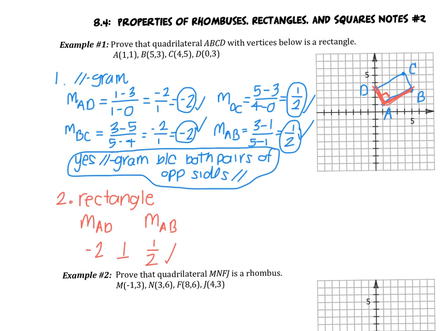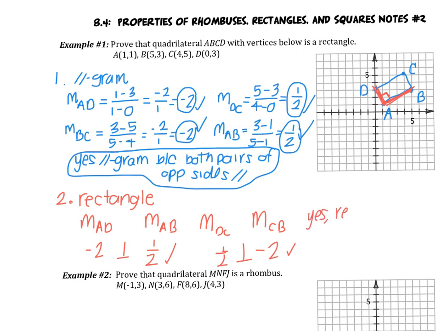It's also good to prove at least one more is 90 degrees. So I'm going to show slope of, let's go DC. Slope of DC is 1/2. And then the slope of CB is negative 2, and again, they are perpendicular. Huge. Now I'm a rectangle. So overall, write a statement.